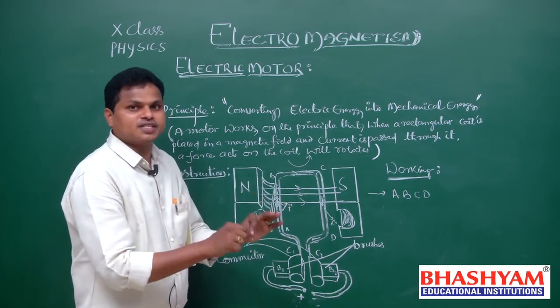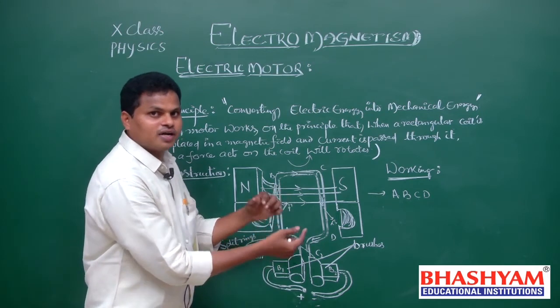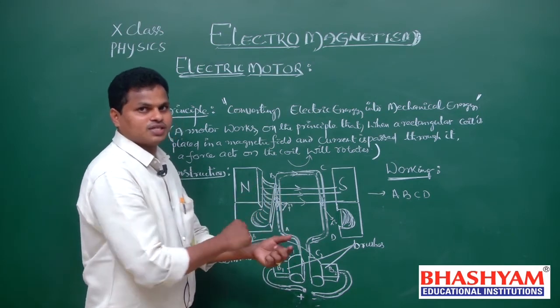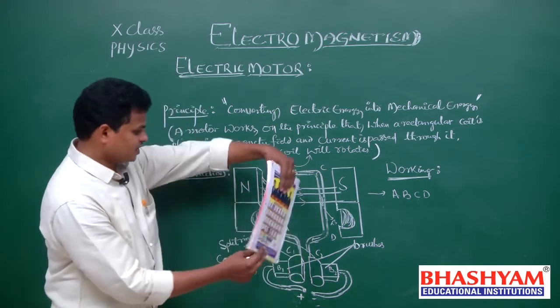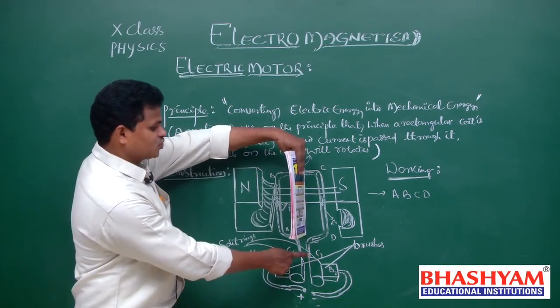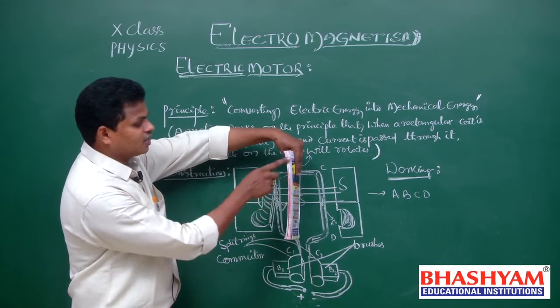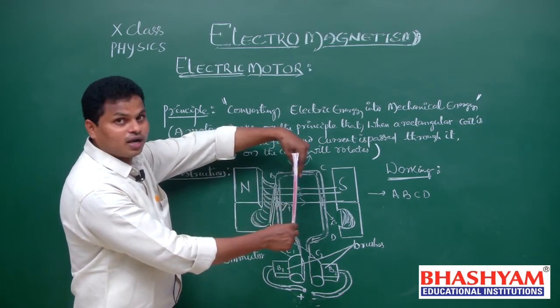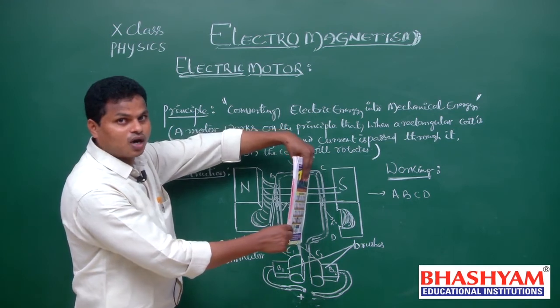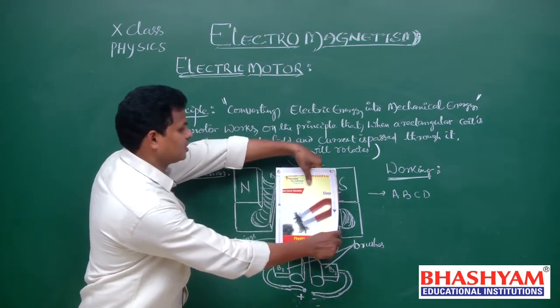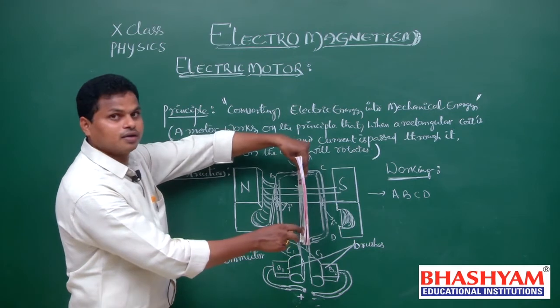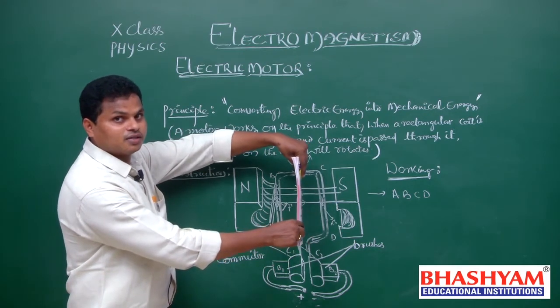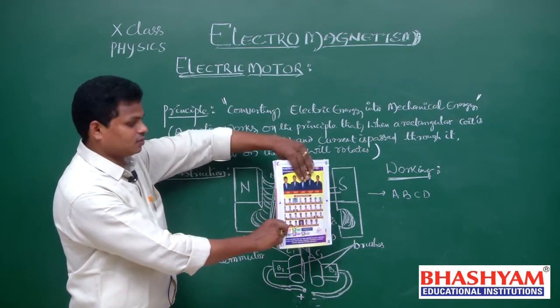But due to inertia, the coil rotates into the next half of the rotation. Since C1 and C2 are not in contact, there is no current and no force, that's why the coil comes to a halt. But due to inertia, the coil comes into motion.